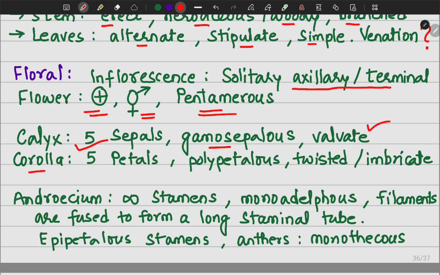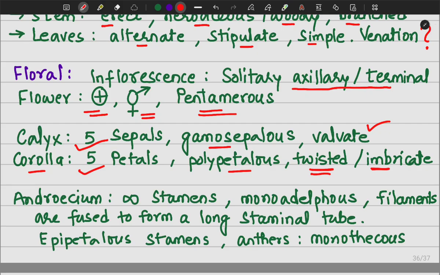If we talk about corolla, then the petals will be 5 since the flower is pentamerous. Petals are free, so polypetalous, and they show twisted estivation or imbricate estivation. So if you remember when we studied about the twisted estivation, in the example we studied about China rose, right?